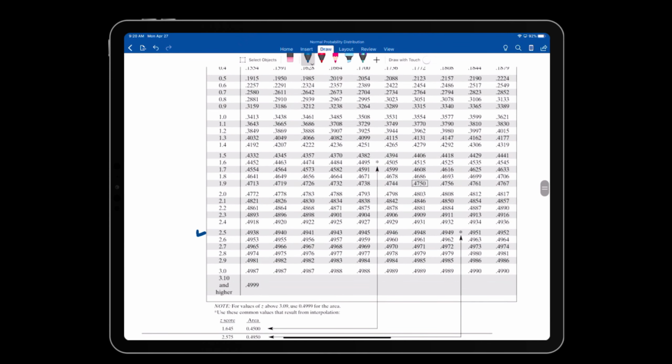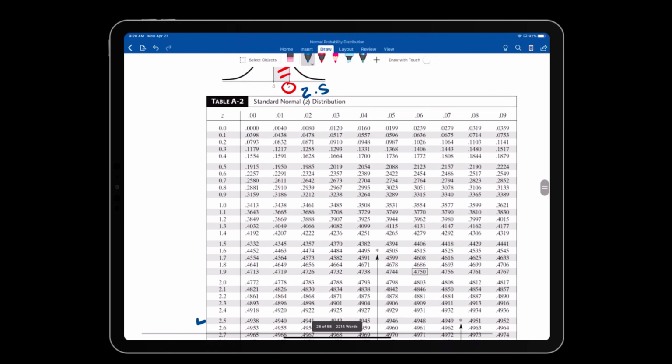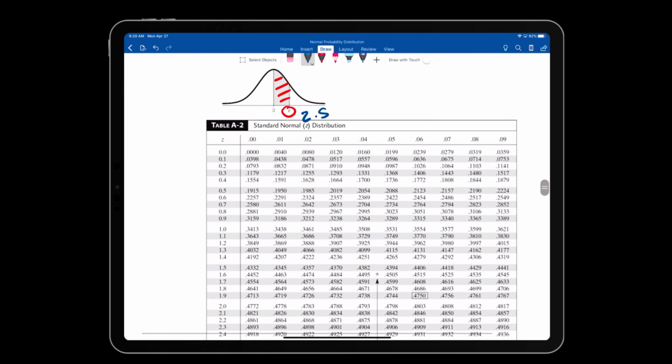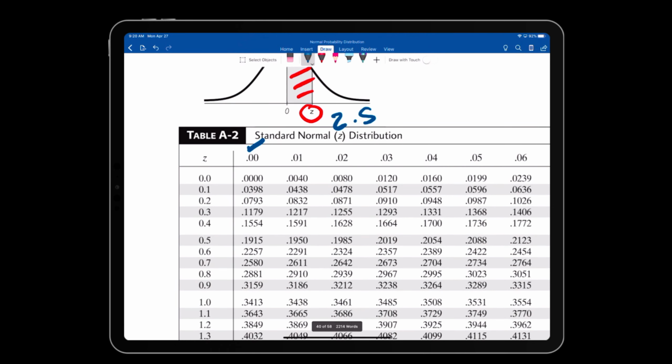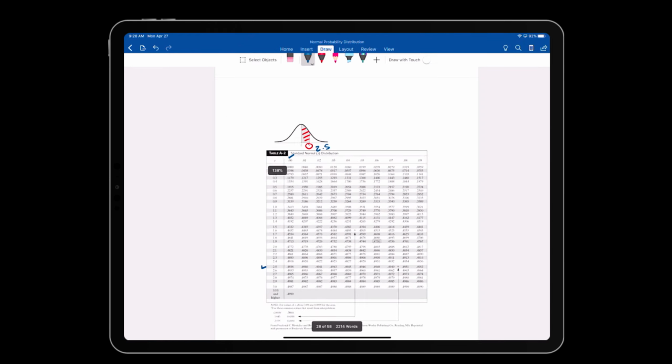All right, there's my 2.5 row. And then I need the 0, 0 column. And you say, but Mr. Judge, where is that column going to be? Well, that's the first column here. There's a 0, 0 right there, ladies and gentlemen. Okay, it's the first column. It's 0, 0.